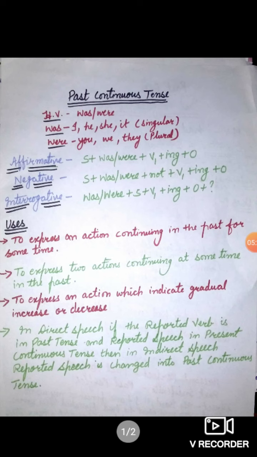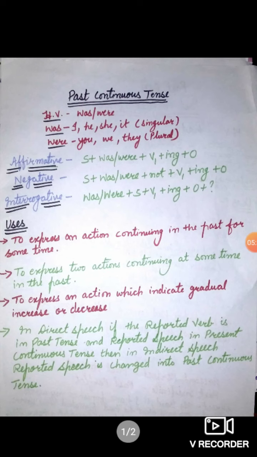I would like to cite certain examples for it. Past continuous. Suppose in direct statement, if someone says Veena said, I'm going to Bangalore, in that condition Veena said that I am going to is converted into she was going to Bangalore.